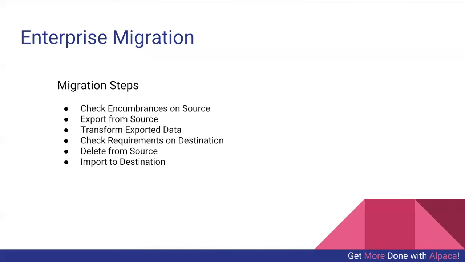BroadWorks Anywhere and SIM-ring associated numbers also are migrated to the best of our ability. Now there are a few gotchas there, and I don't want to go too far down the rabbit hole, but if you have number validation enabled on the destination but not the source, then it is possible that you could pull a number out of the source that you really can't stick back in the destination.